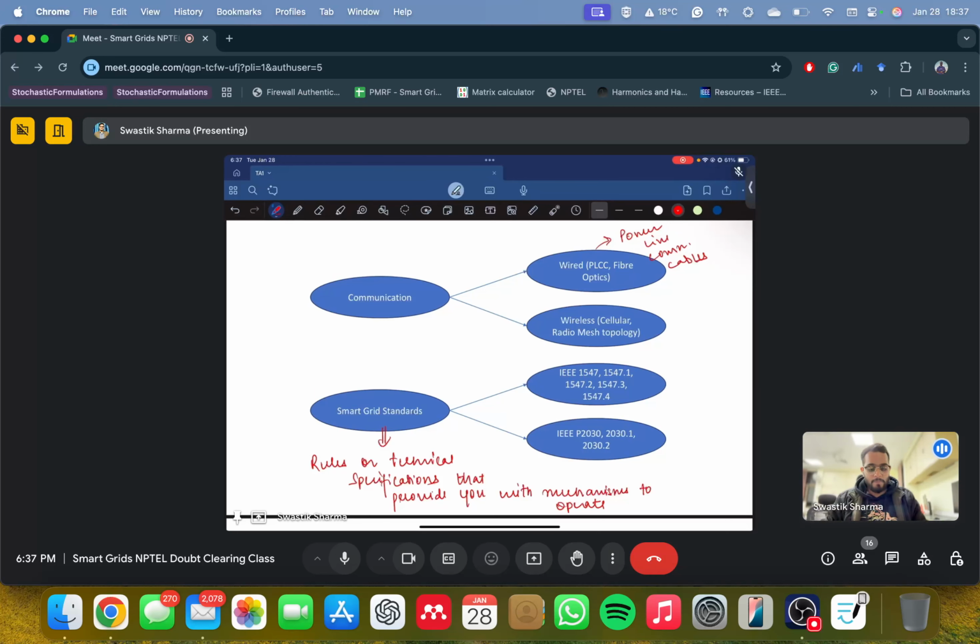So yeah, there are two main standards. There are many standards used in smart grids, but there are two main standards that we will be focusing on. One is IEEE 1547 and one is IEEE P2030. IEEE 1547 is used to develop guidelines for interconnection of DERs.